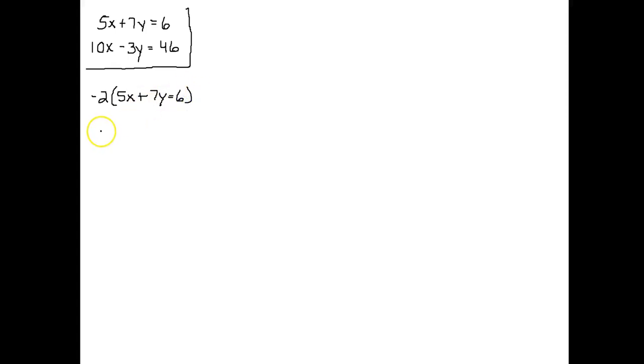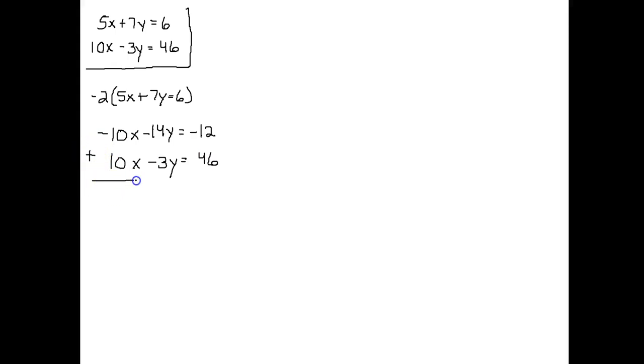So that we get negative 10x minus 14y equals negative 12. Entire equation is multiplied by that -2. And we're going to take that and add it with 10x minus 3y equals 46.